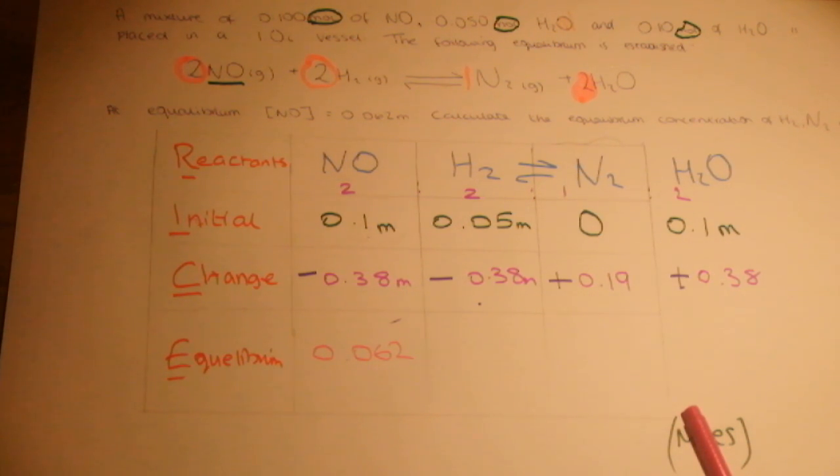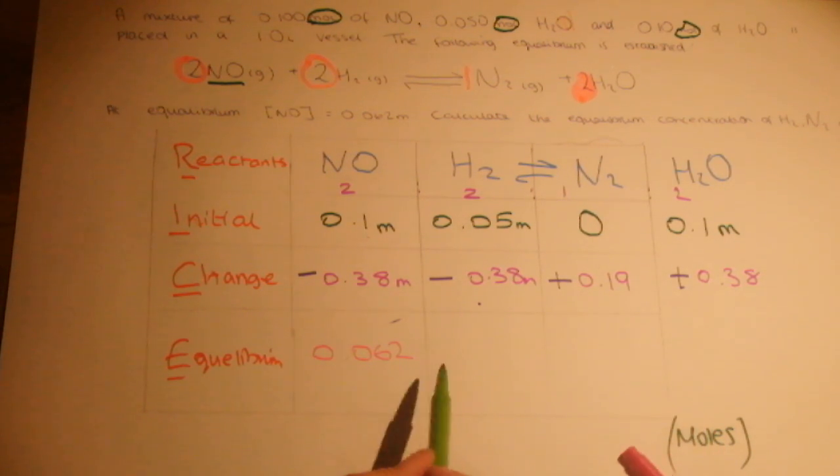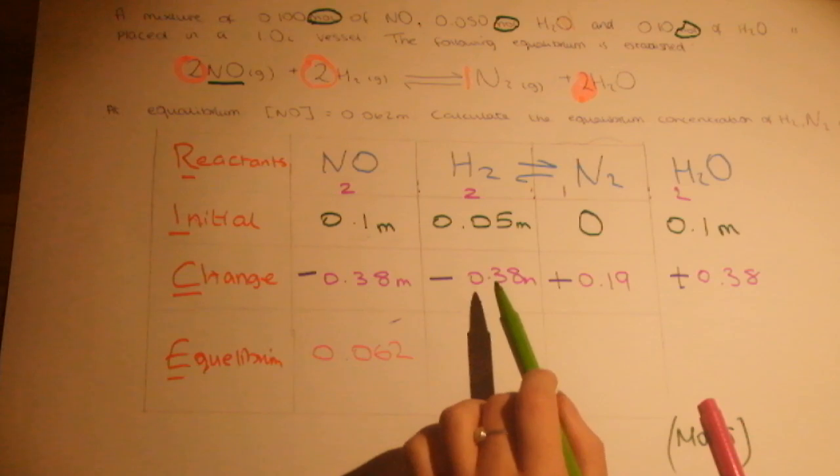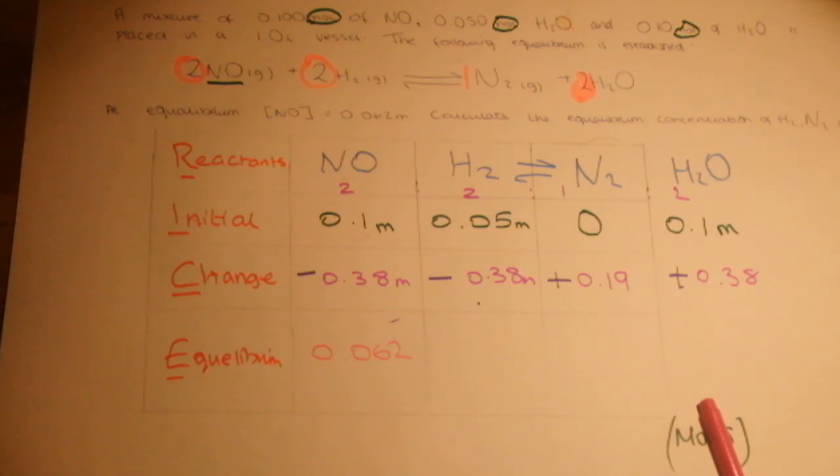And then we just work out what the answer is going to be. So we already know that's in the question. And then we take away 0.038 from 0.05.